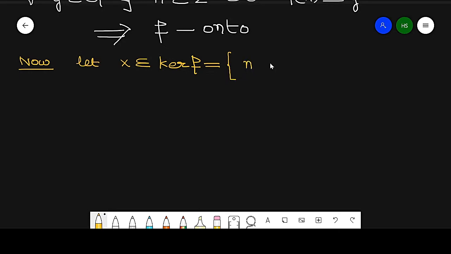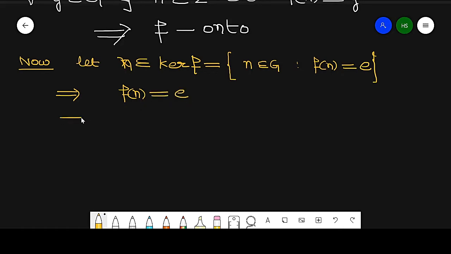So this consists only of those elements whose image f of n is the identity of G, which is equal to E. If I take any number n, it implies f of n is equal to identity.